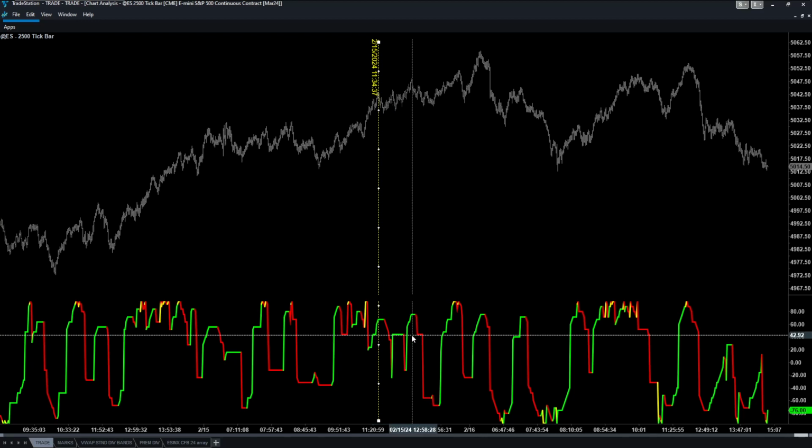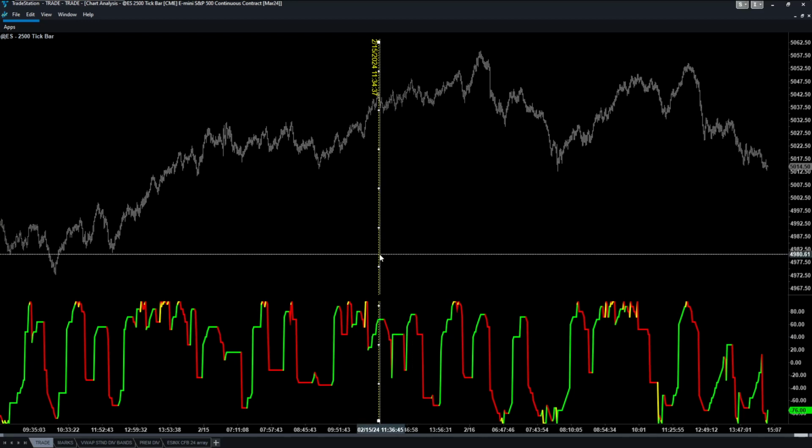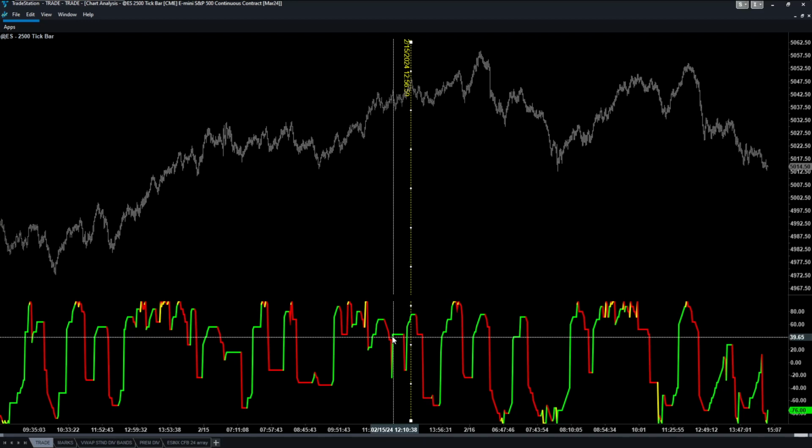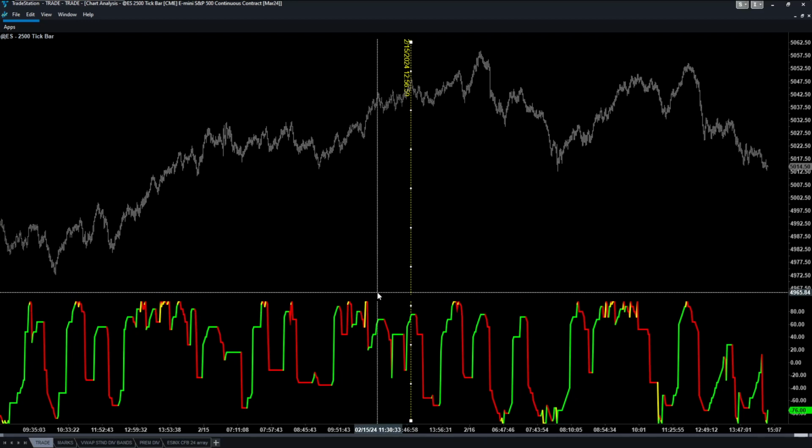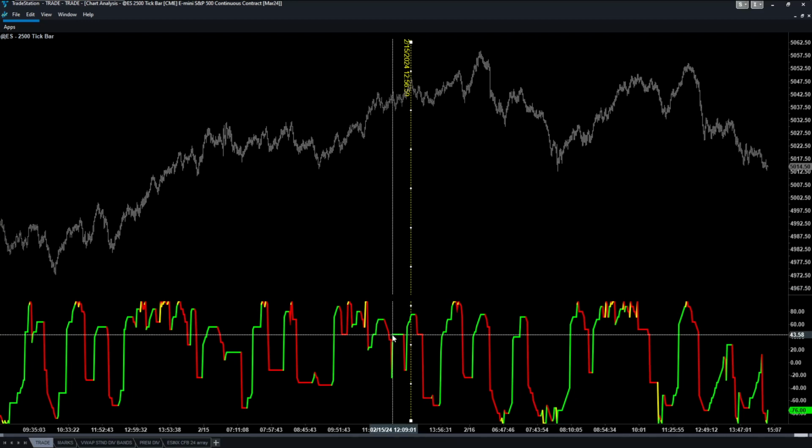Now, there's also divergence right in here, because once again, you're at a higher high on the ES, a lower high on the TSC. We pay no attention to the fact that this high is higher than the previous high. It's still divergent relative to its maximum range. So I would look at my other indicators, but I would consider taking a trade here as well as here, and certainly there.